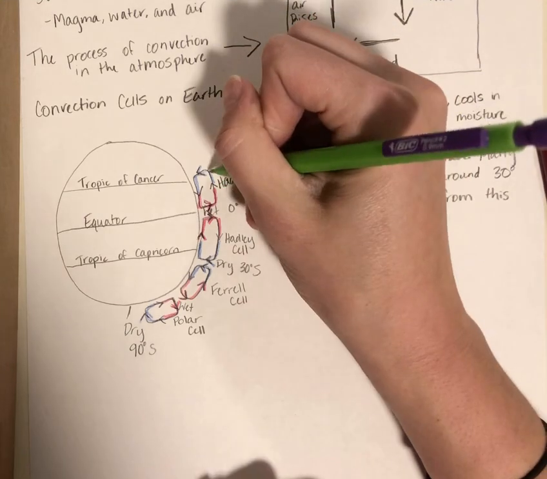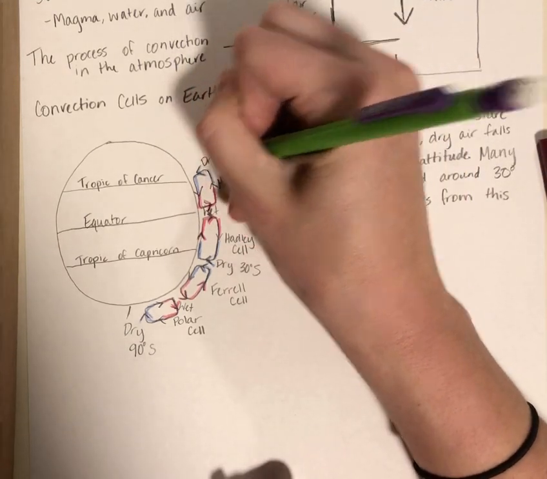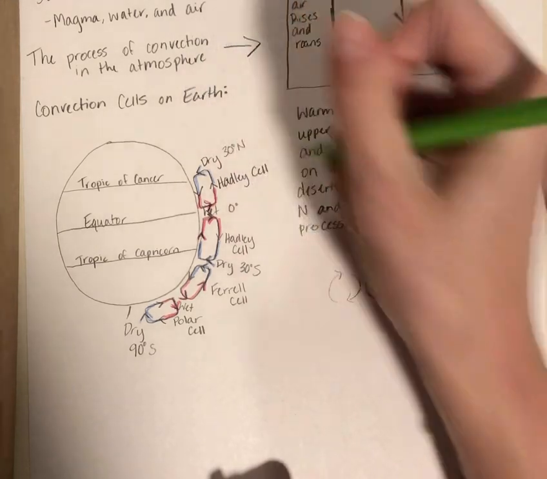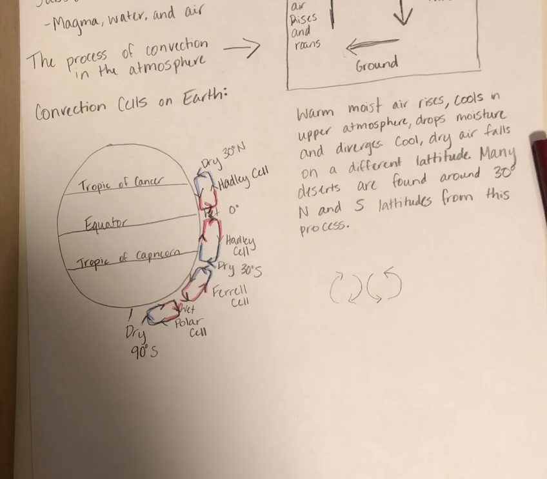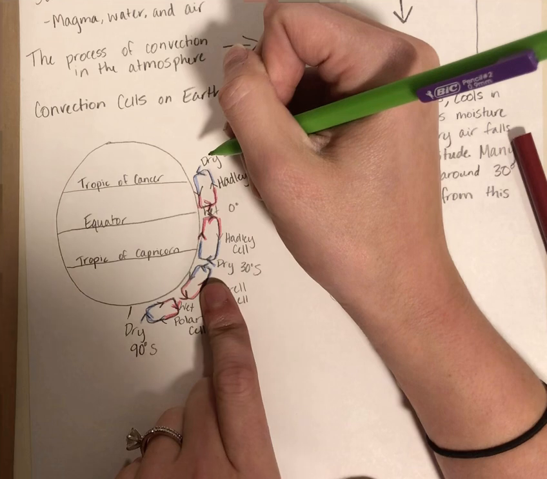Okay, and if cool, dry air is dropping right here, this is going to be dry at 30 degrees north. Okay, and then same thing happening as over here.